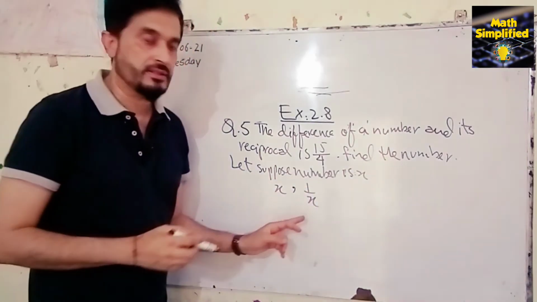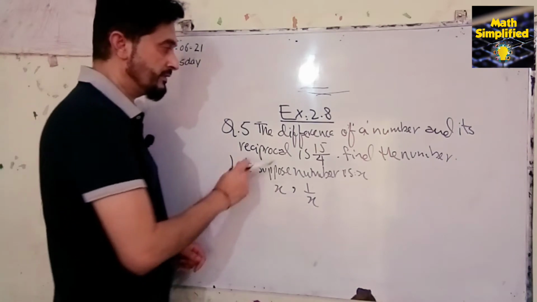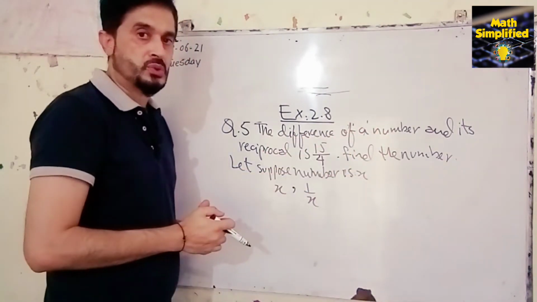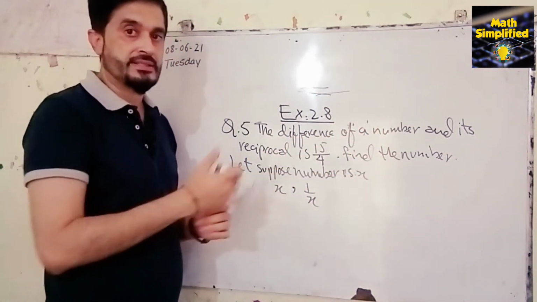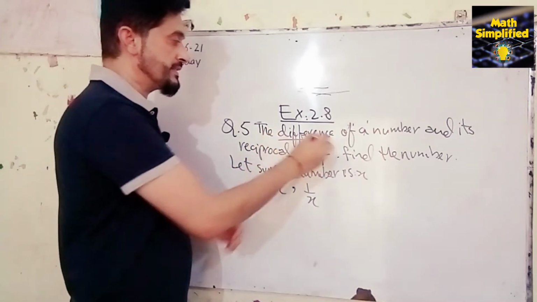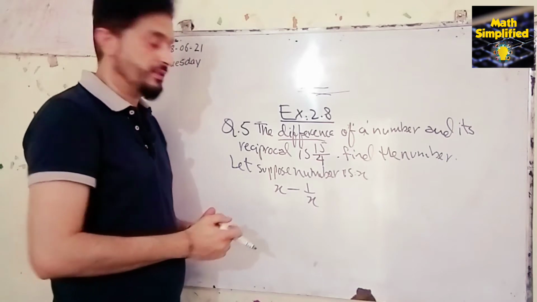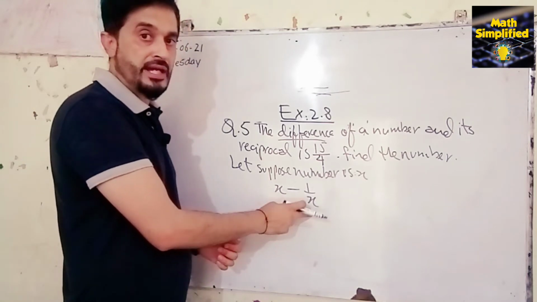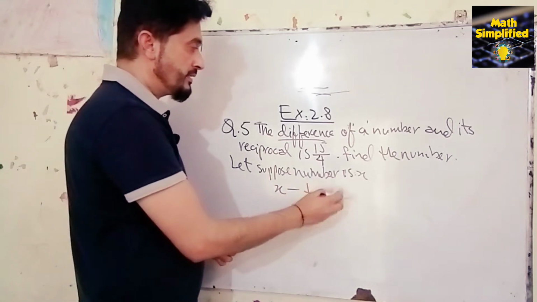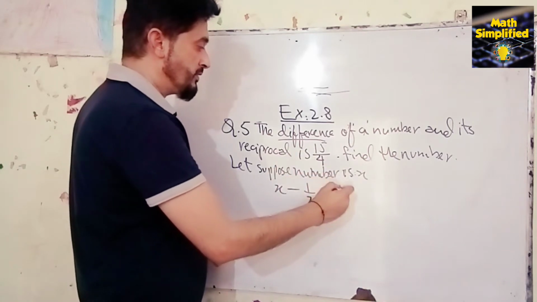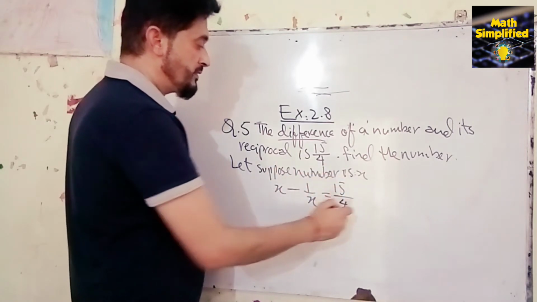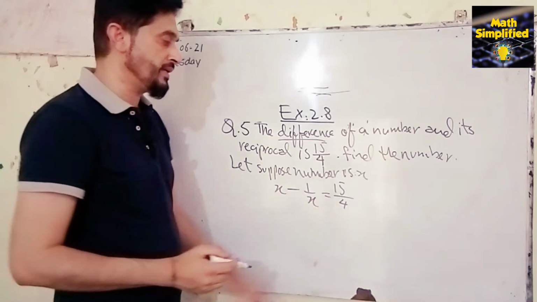Right, students? What is the relation between these two, the number and its reciprocal? That is difference. Difference means minus. So we will put a minus sign between the number and its reciprocal. Is 15/4 means equal to 15/4.